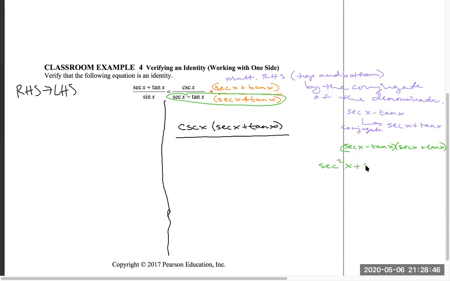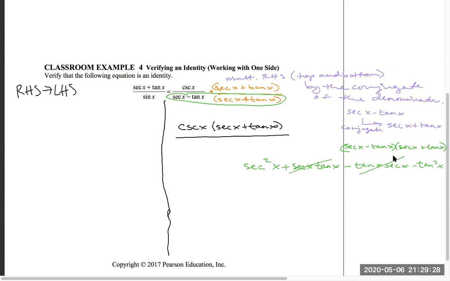We have plus secant x tangent x. Okay, so first term secant squared x, next term secant x times tangent x, next term minus tangent x secant x, and then lastly minus tangent squared x.